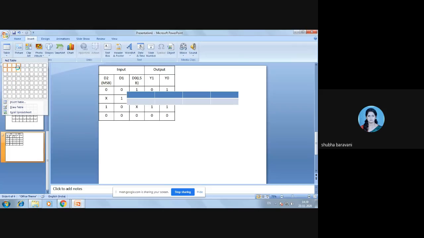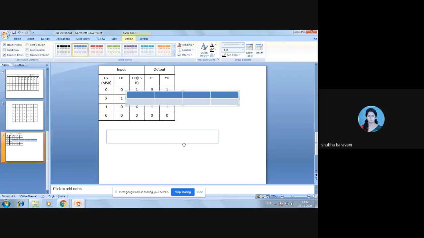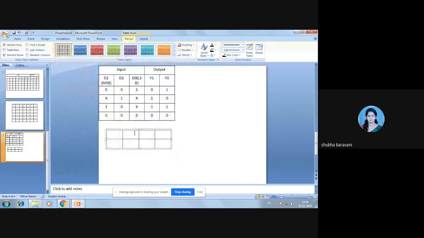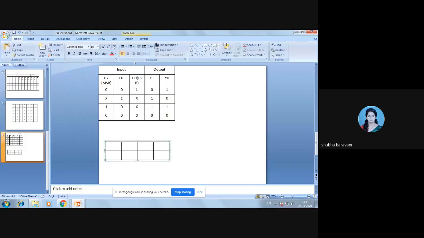Now let me go to put a K map. First, Y naught के लिए I'll put a K map. Okay, this K map is for Y naught. देखो, are you all doing it?